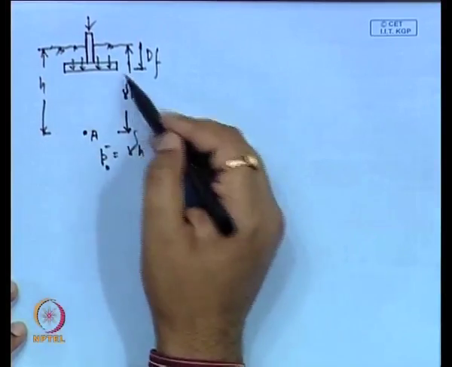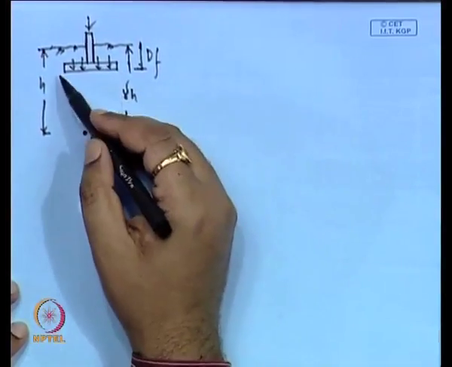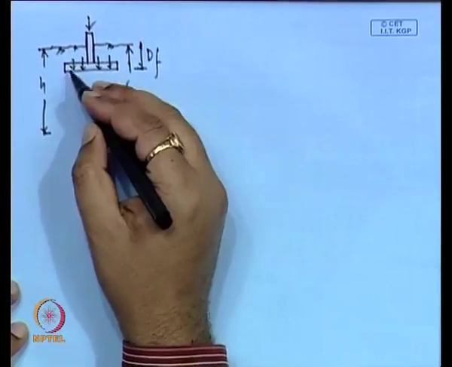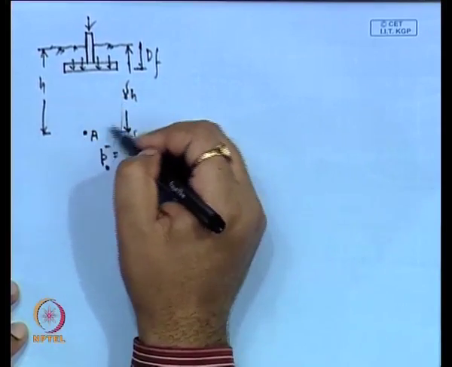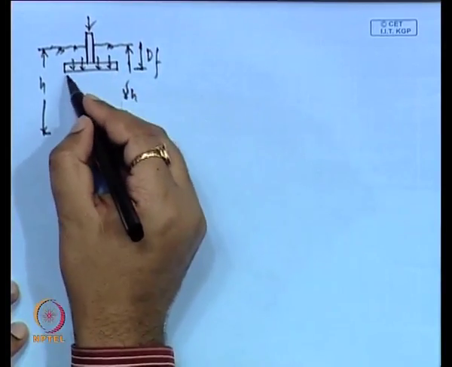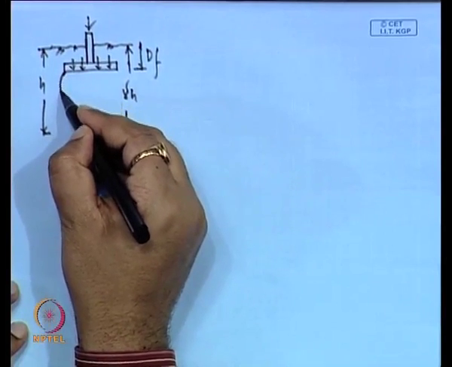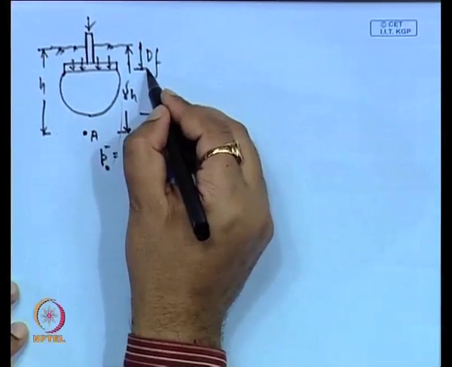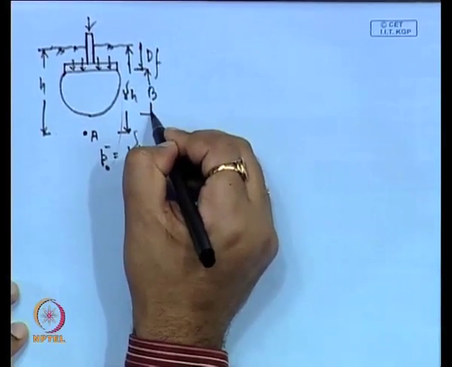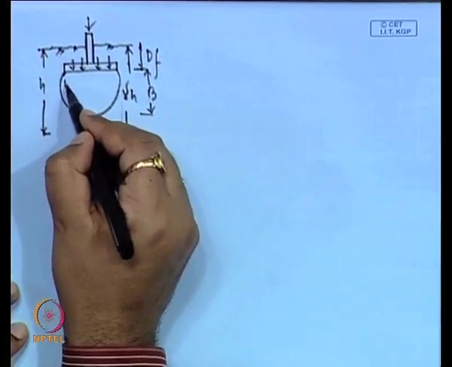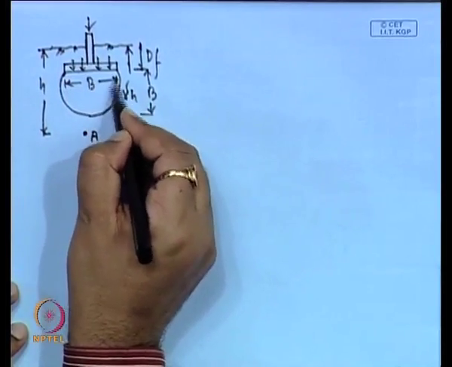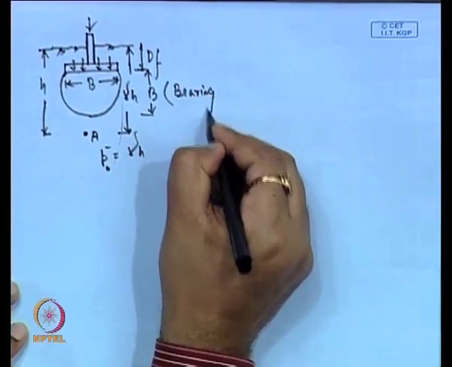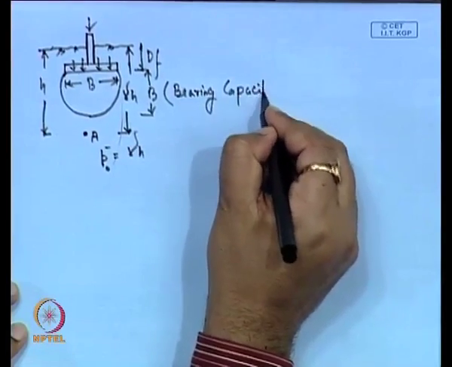Now, there is an influence zone that we consider when we calculate the bearing capacity and the settlement. Generally, for bearing capacity calculations, we consider the influence zone up to B, which is the width of the foundation.